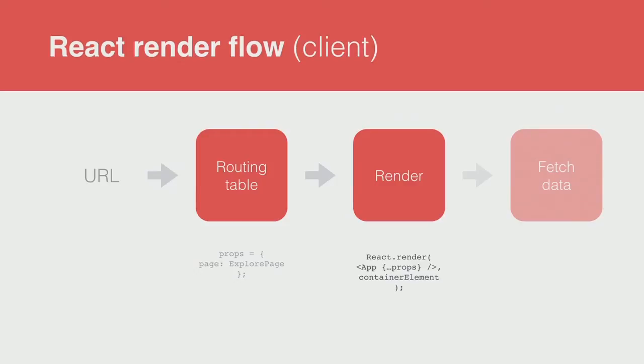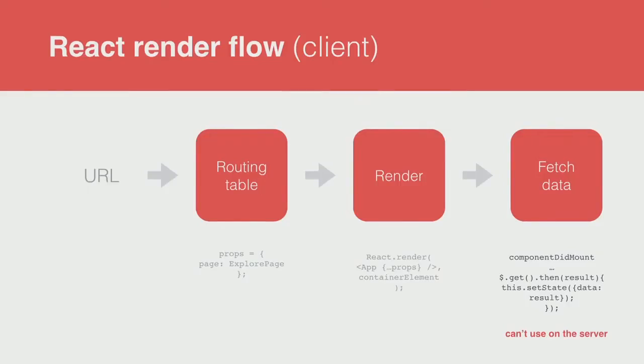And if you're talking to some kind of API, and you have not just a static application, but something more dynamic, if you want to fetch data to display in your component, with React you would do that in componentDidMount, which is one of React's lifecycle methods. And you would do something like make a GET request, and when the data comes back, you update the state inside that component.